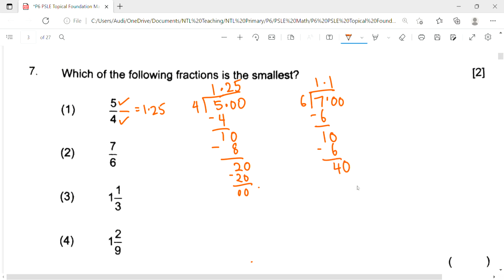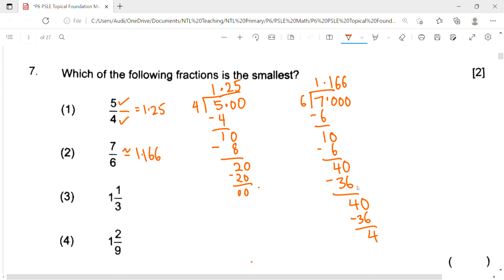So you get 36, 4. Let's do 1 more 0. Bring down the 0. Again, this is a 6. And we will stop here. So this is approximately 1.166. We'll just leave it like this.